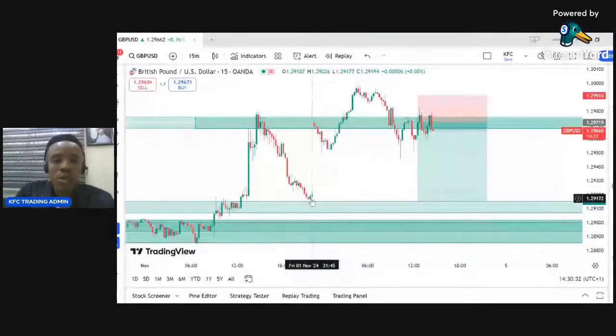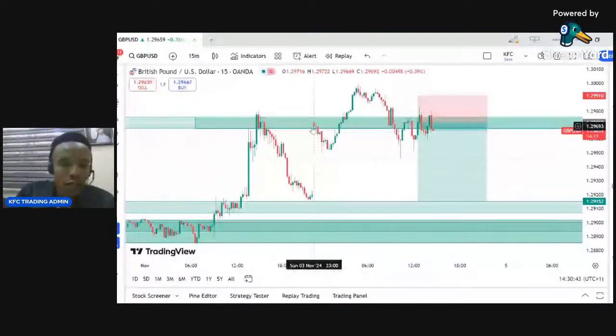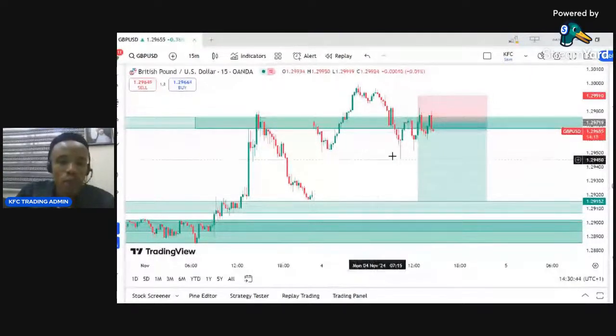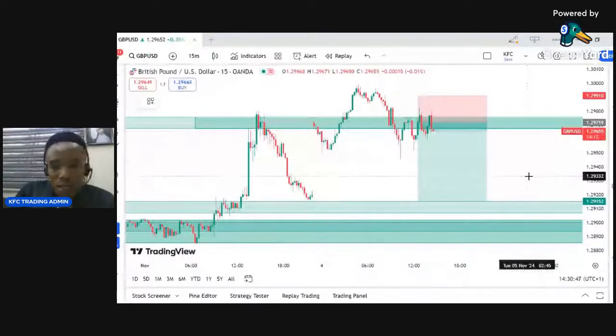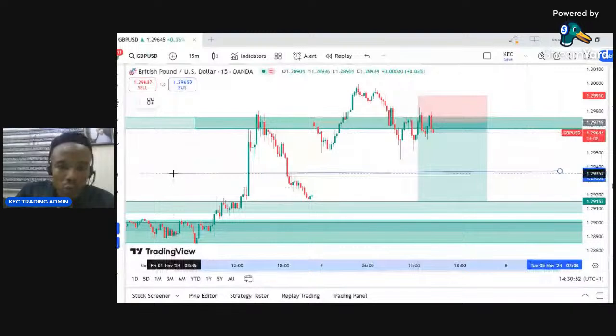Thank you. So this jump that moved price from this point to this point is a very big imbalance. Price tested it like a point of interest, and then they went up again. So I will be interested in what price will do with the imbalance down to the consequent encroachment.